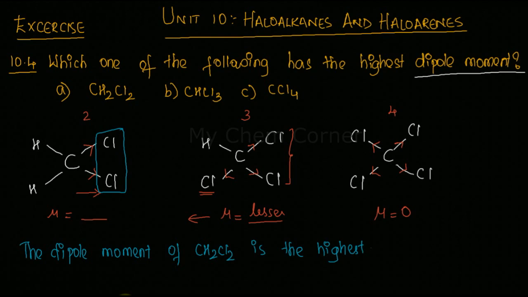So here you have only 2 chlorine atoms, here 3 chlorine atoms, and here 4. So the particular compound which has the highest number of electronegative elements will have the highest dipole moment.